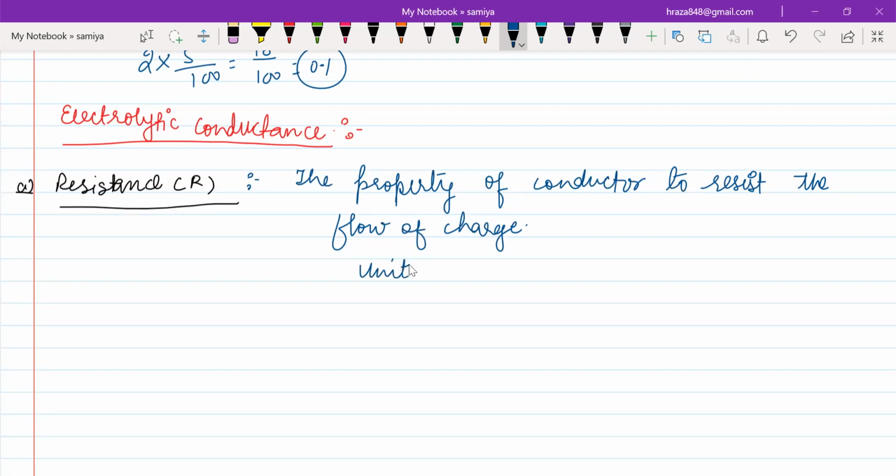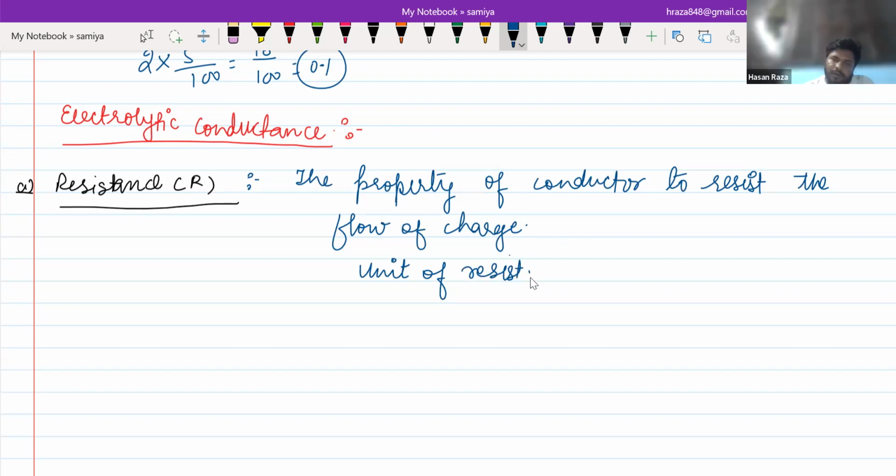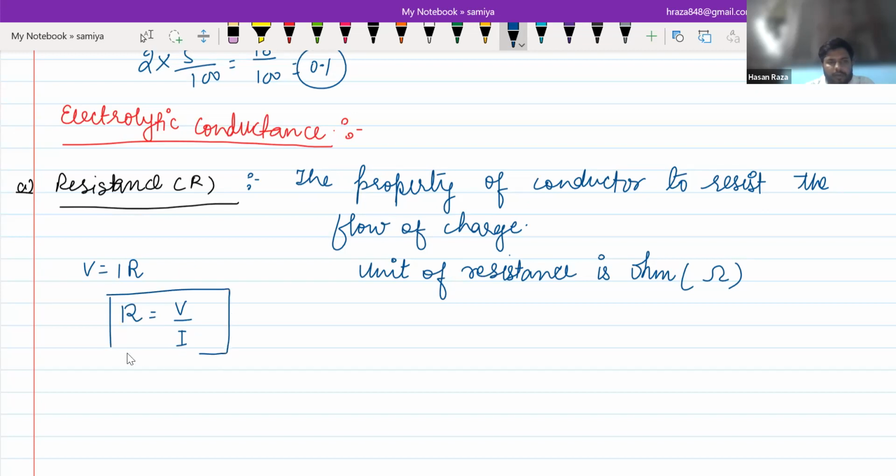Ohm. Yeah, the unit of resistance is ohm, and we denote it as this. Also, we know that from Ohm's law, V is equal to IR. So R will be equal to V upon I.